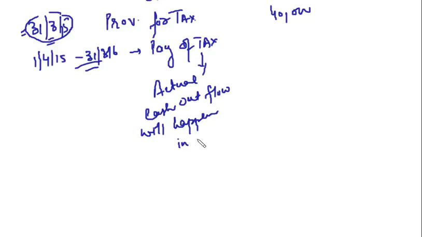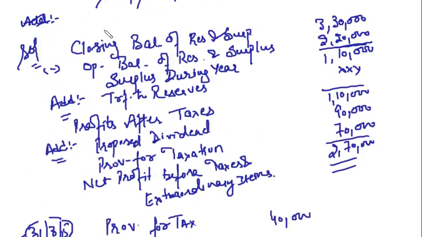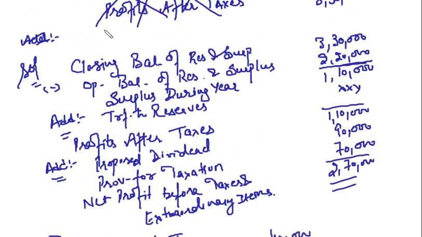in the current year, right? So you might ask, sir, if this is involving an actual cash outflow, then why are we not considering it while preparing the cash flow from operating activities? Remember the two conditions. It is involving an actual cash outflow, but is paying tax related to the operations of the business?